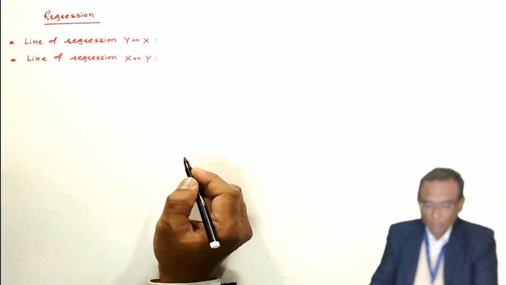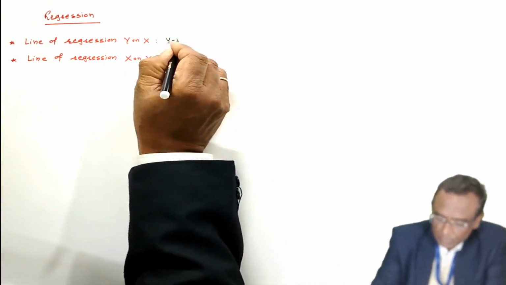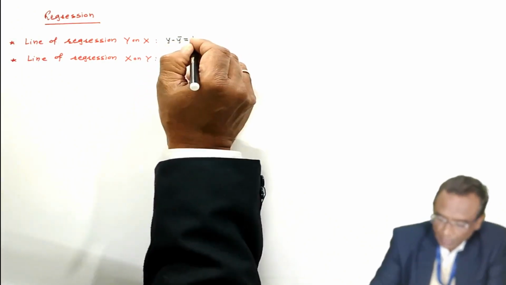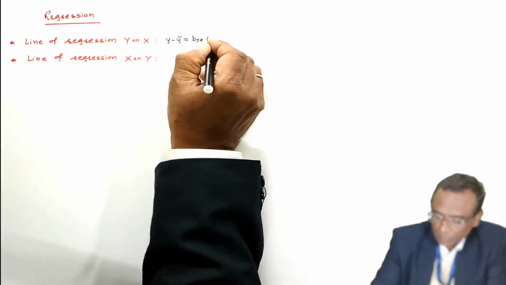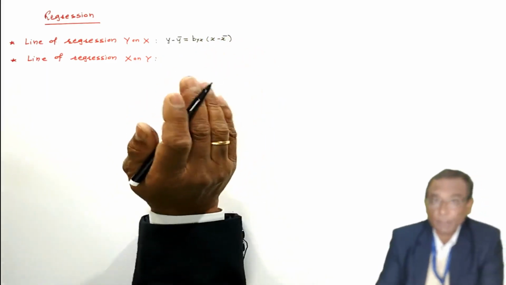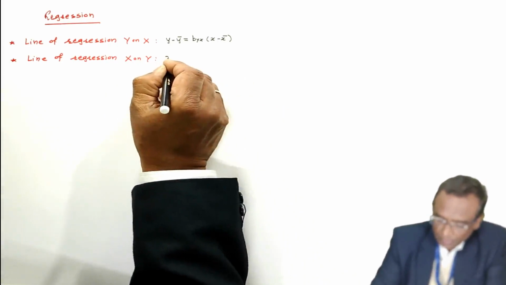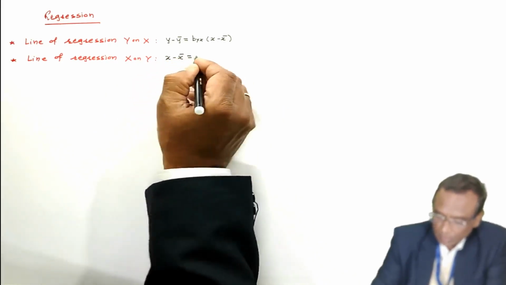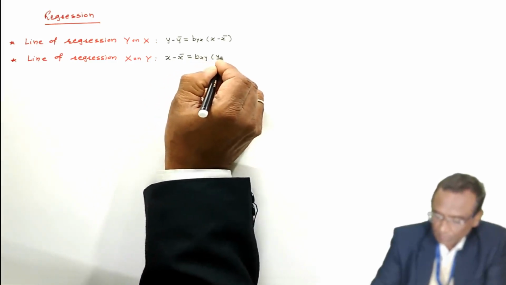The formulas: y minus y bar is equal to byx into x minus x bar, the line of regression y on x, and the line of regression x on y is x minus x bar equals bxy into y minus y bar.